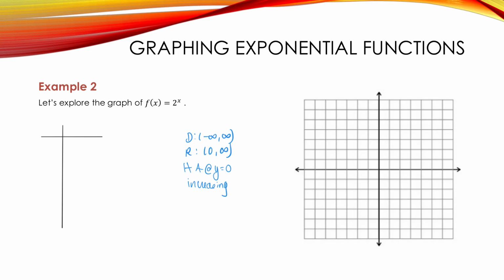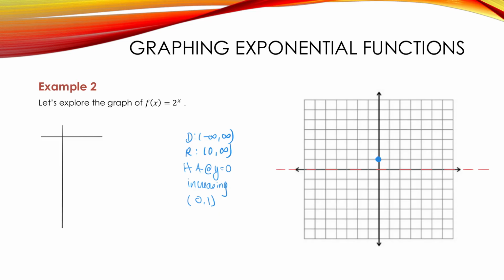And then we should also see a y-intercept at 0, 1. So we can put that on our graph. We can also put on our graph our horizontal asymptote here at 0. Just going to put it in as a dotted line here.